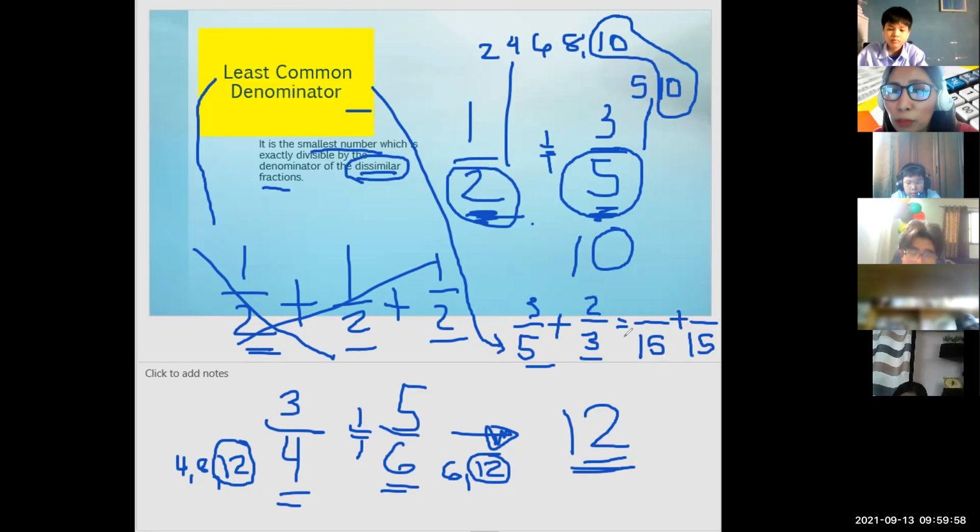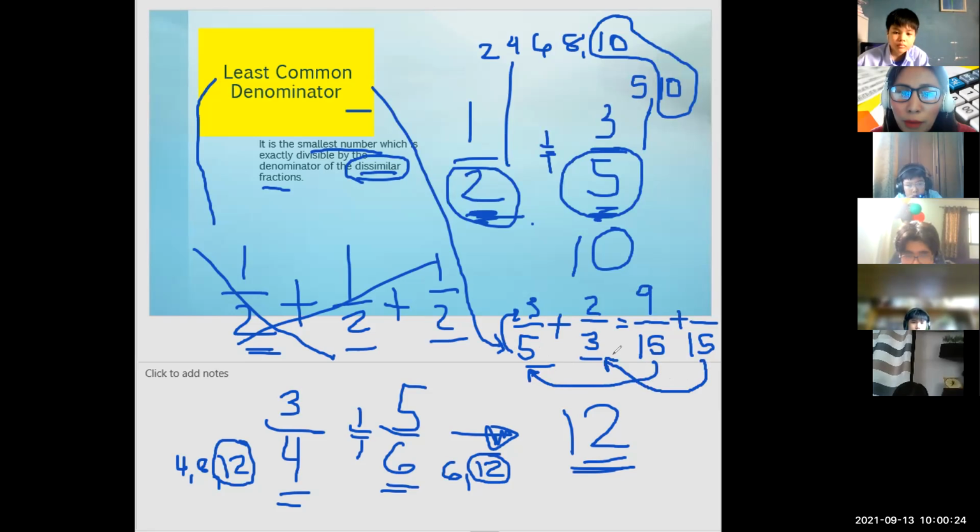Now, how to add? 15 divided by 5 is 3, right? And then multiply it by 3, we have 9. And then 15 divided by 3 is 5, times 2, it's 10. You can see, right?